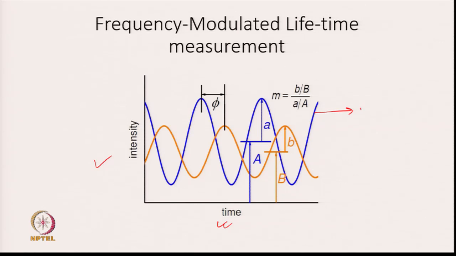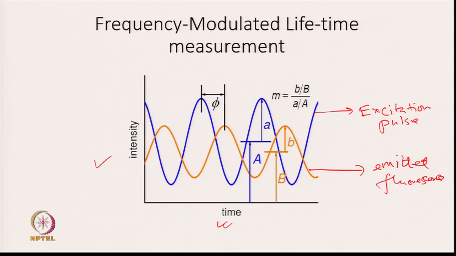This is your excitation pulse, the intensity modulated excitation pulse, and this is your emitted fluorescence. Now, see here, the amplitude is 0 here.